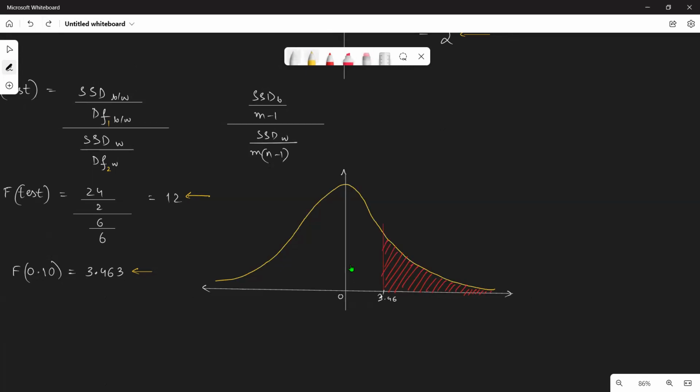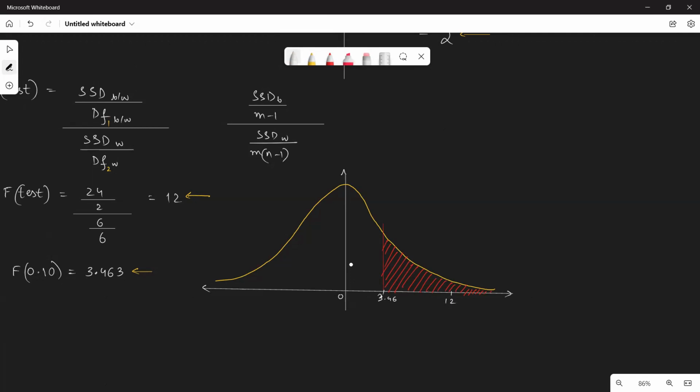And what value have we calculated? 12. So maybe 12 will be somewhere here, right? That means the calculated value lies inside the rejection region. So can we accept whatever claim the schools would have been making?